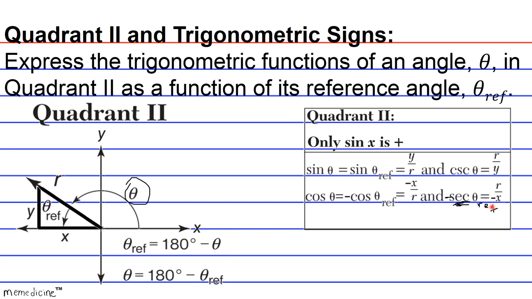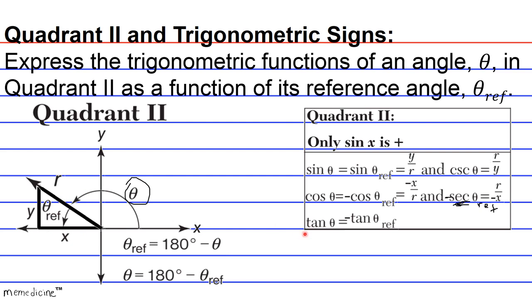And last but not least, our derived quotient trig function, the tangent of this particular theta in quadrant 2, is going to be the negative tangent of theta reference, okay?